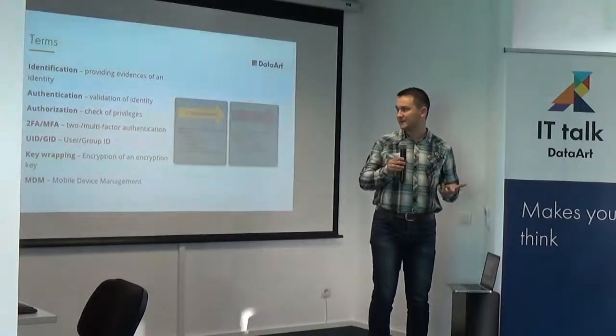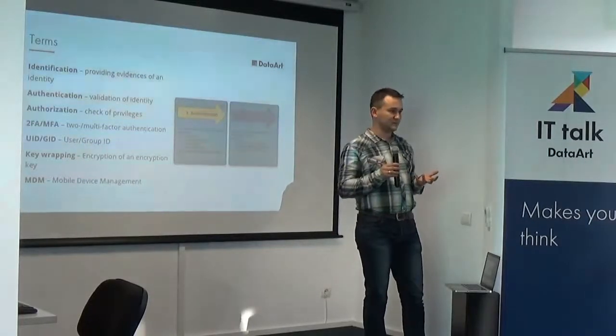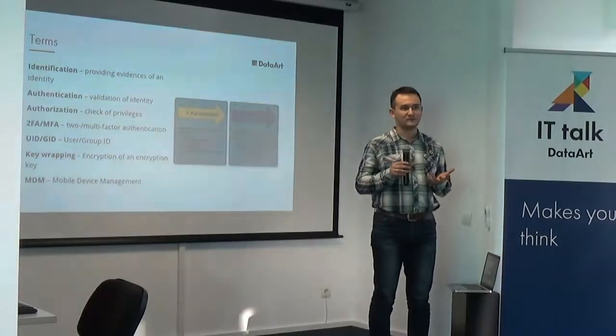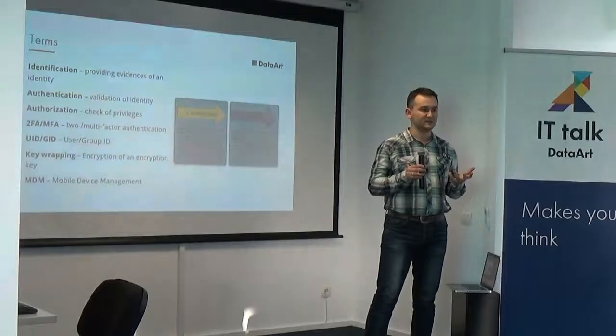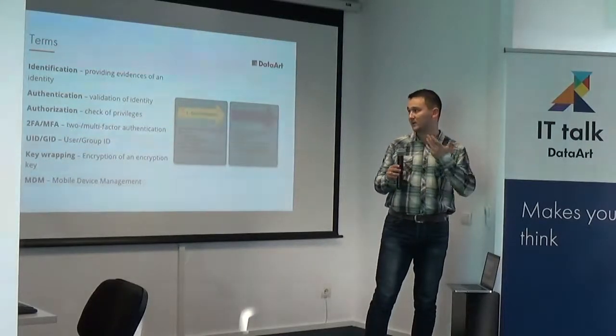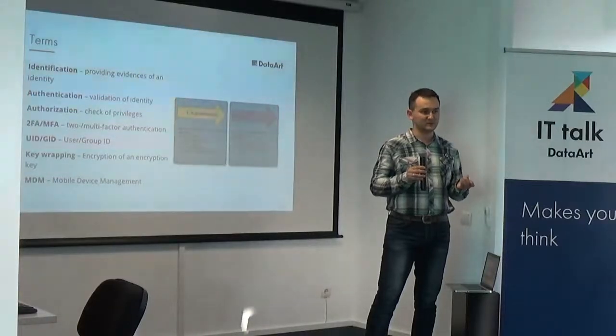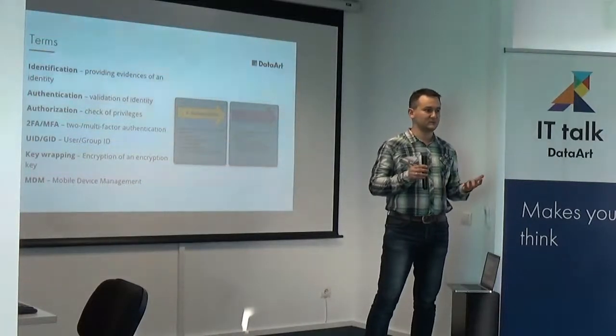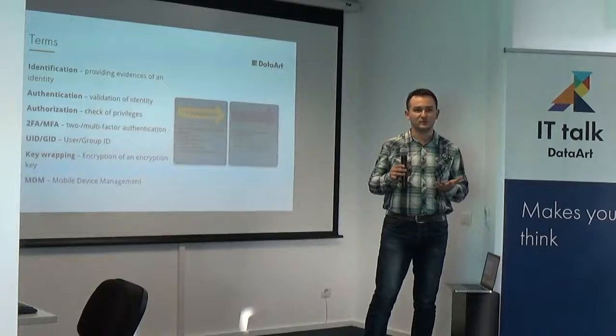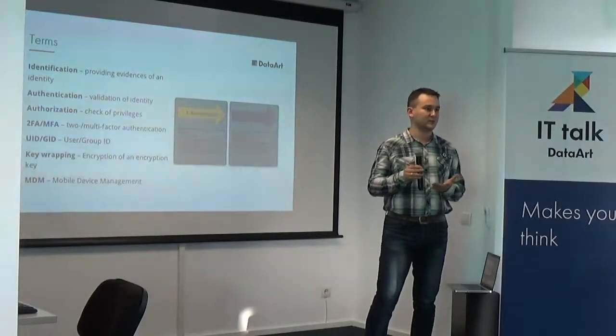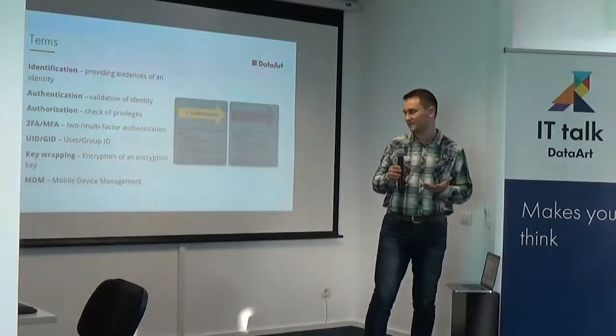The second one is the authentication. It means that you provide an evidence that you know something secret about yourself and someone validates that this knowledge is valid. Authentication is usually about inputting some passwords or keys into the specific fields.